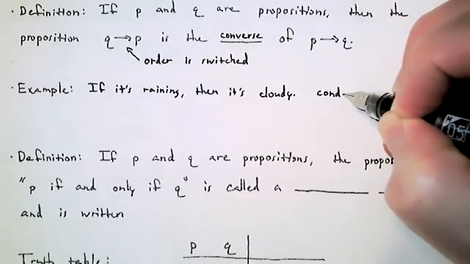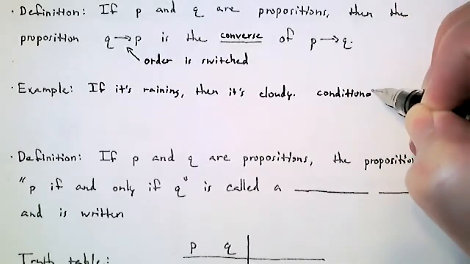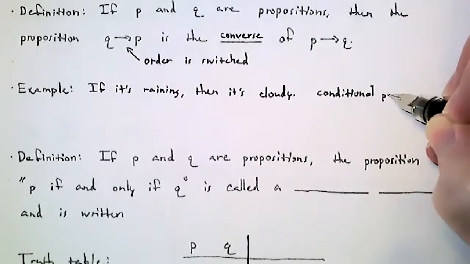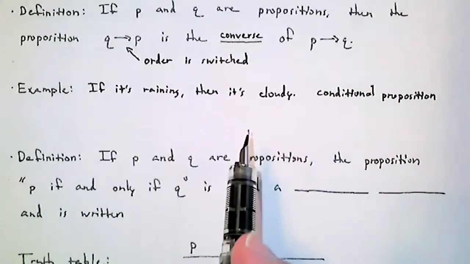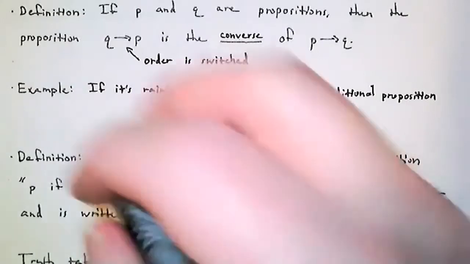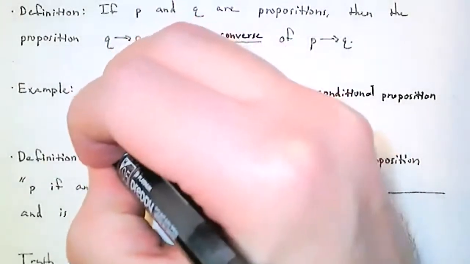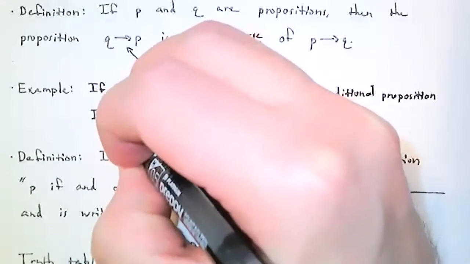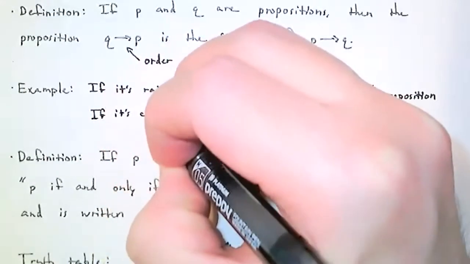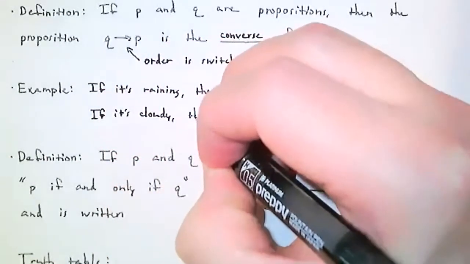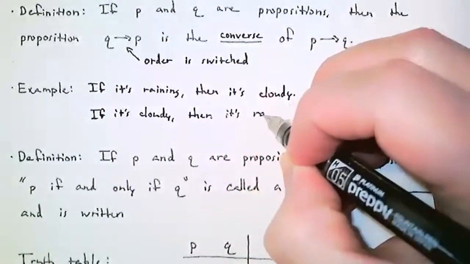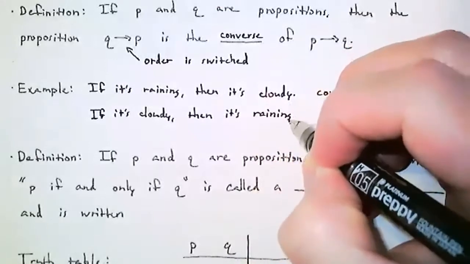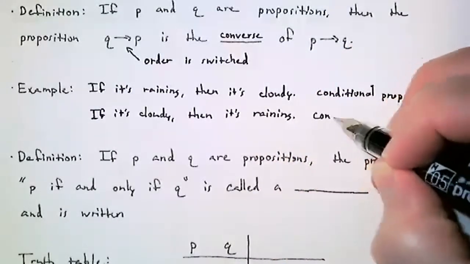So this is your conditional proposition, and it's putting the conclusion first, right? So if I reverse the order, if it's cloudy, then it's raining. This would be the converse.